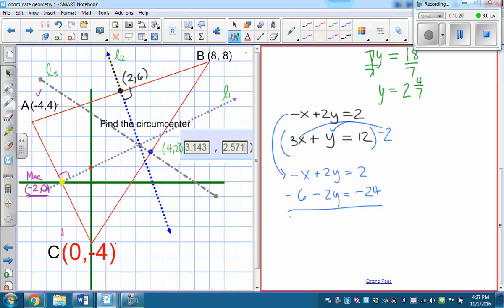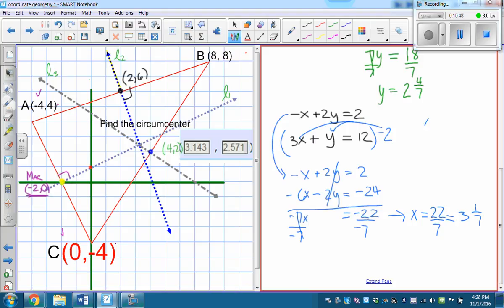So I get negative 7x equals negative 22, divided by negative 7. And so x should be 22 over 7, or 3 and a 7th.